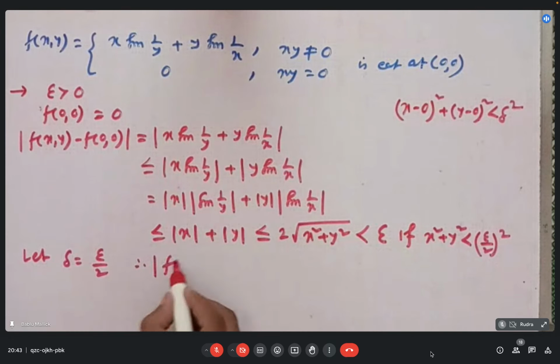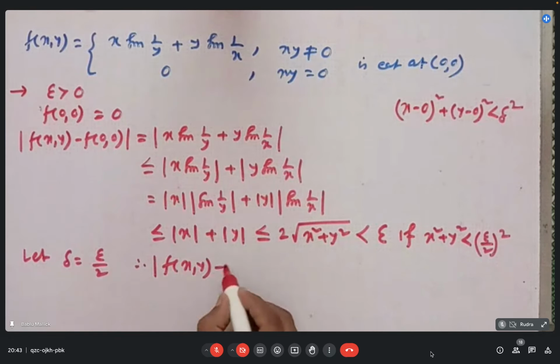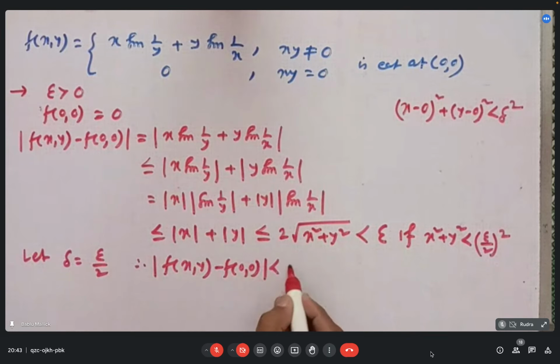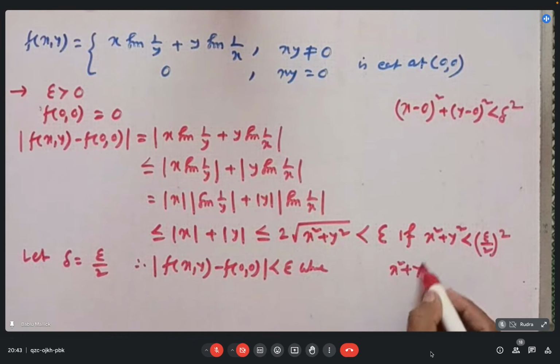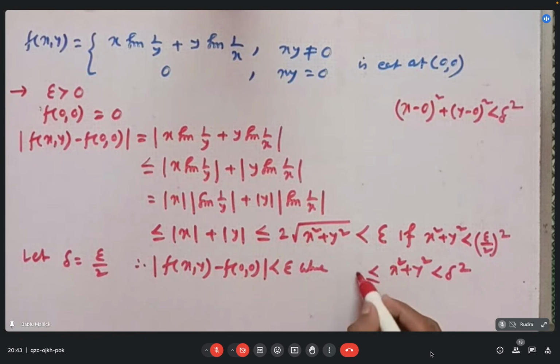Therefore modulus of f(x, y) minus f(0, 0) is less than epsilon whenever x square plus y square is less than delta square and greater than or equal to 0. For a question of continuity, you have to check this. Write: therefore f(x, y) is continuous at (0, 0).